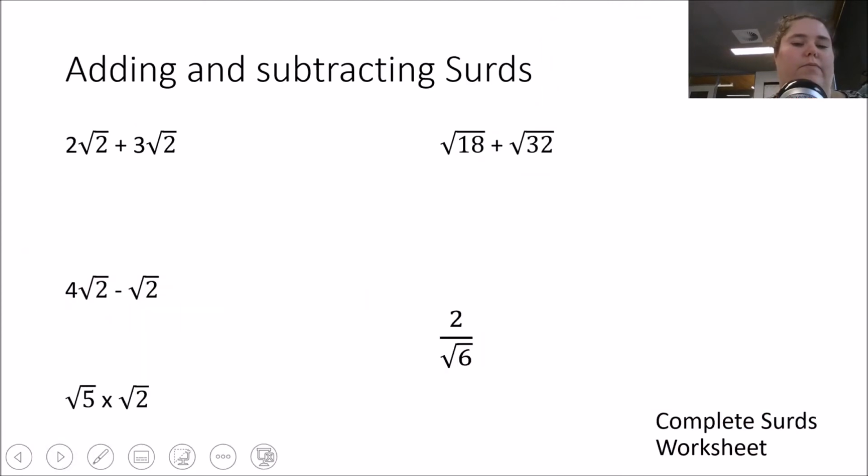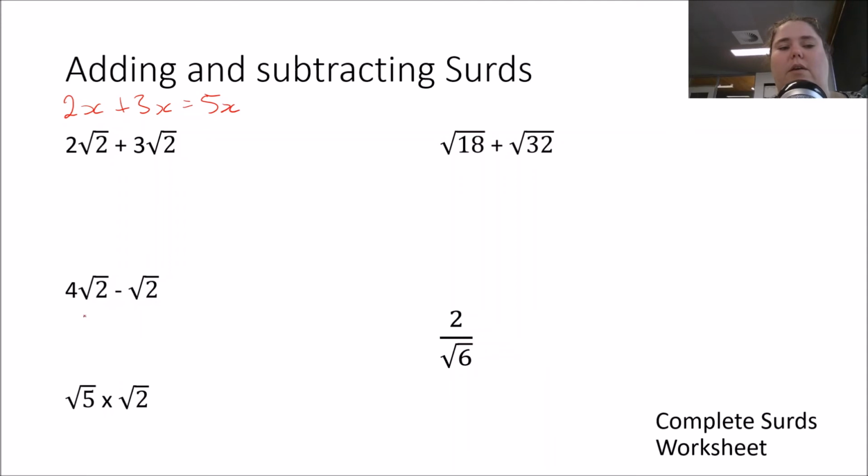Alright. We also want to be able to add and subtract and combine our surds in different ways. So with this one, we can literally think of it as 2x plus 3x. If I have 2x plus 3x, that's just 5x. So we deal with surds the same way. 2 square root 2's plus 3 square root 2's equals 5 square root 2.